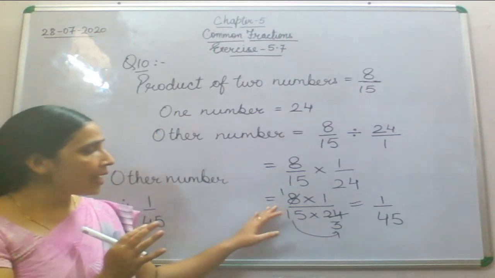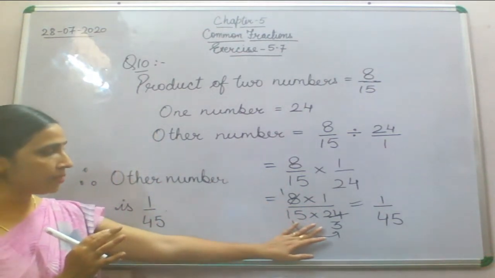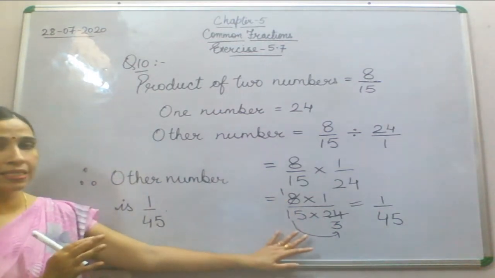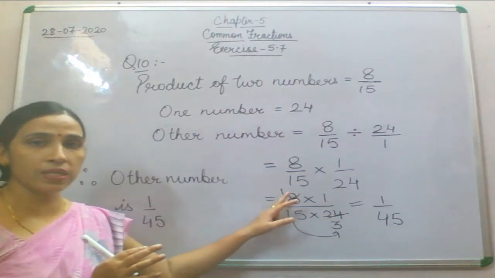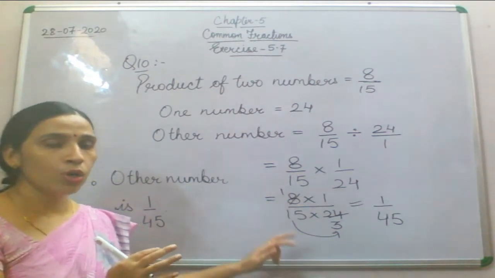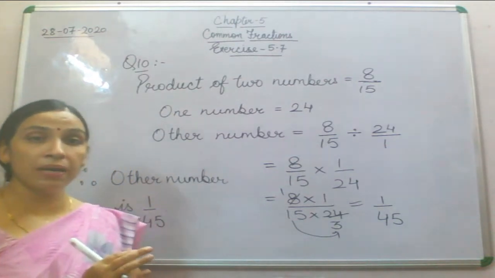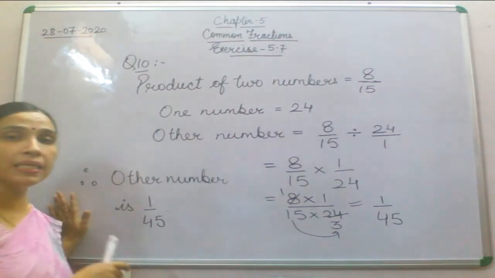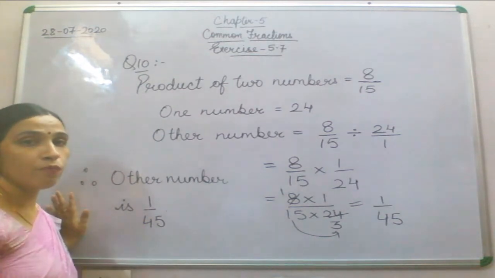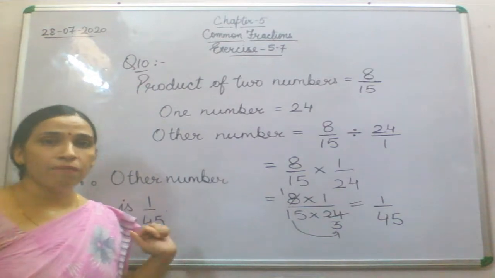As you can see, in the numerator and in the denominator, you have 8 as the common factor, which means we can cancel it by the table of 8. 8 ones are 8, 8 threes are 24. So that will become 15 threes are 45. 1 by 45 will be your other number. Therefore, the other number is 1 by 45.